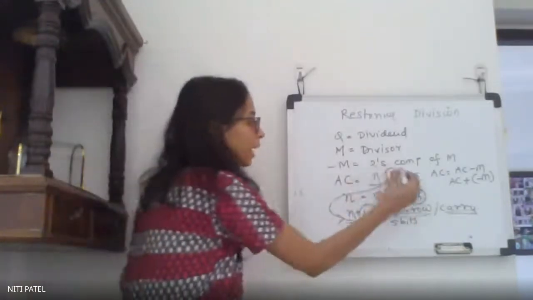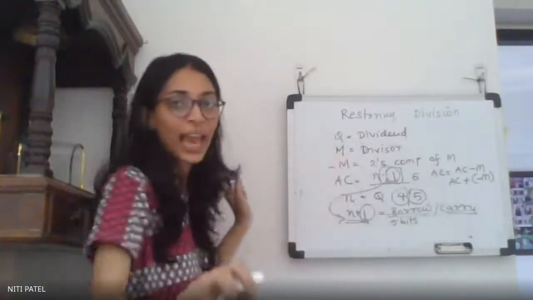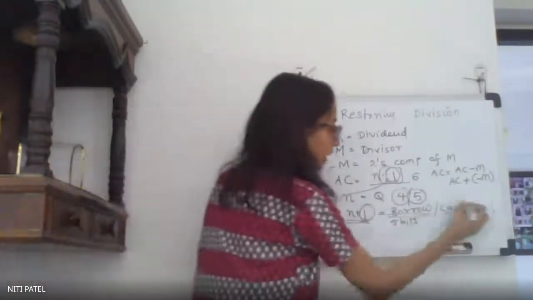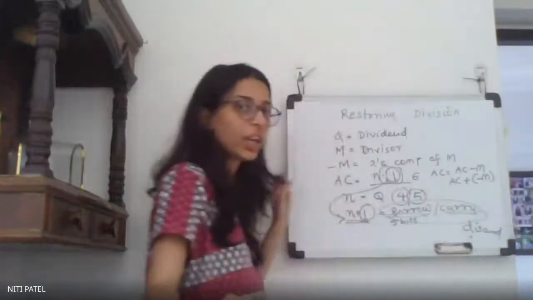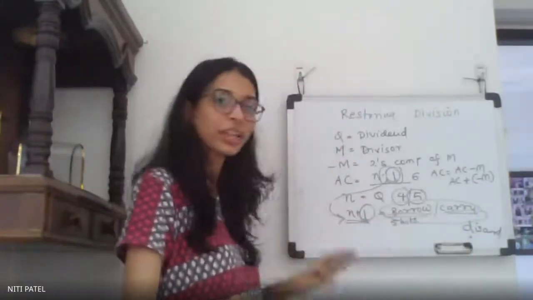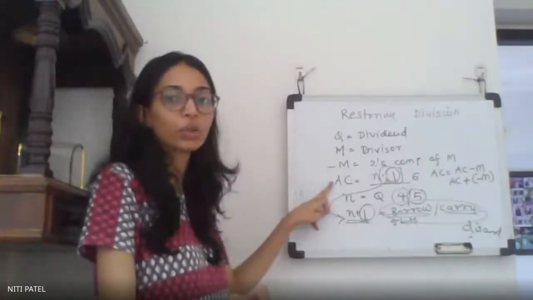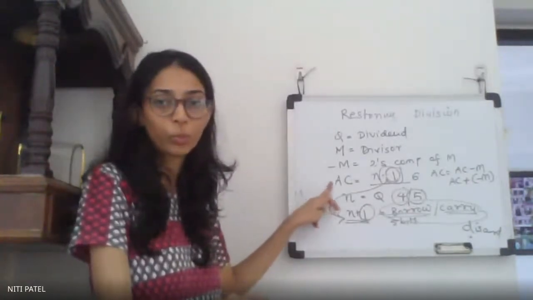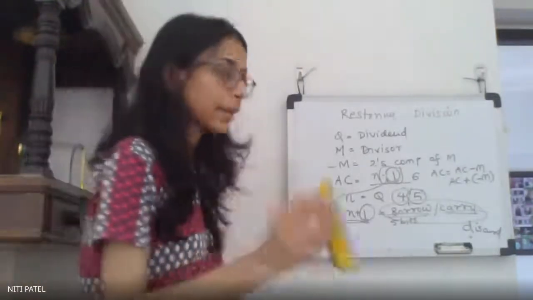Why am I taking this plus 1? In order to handle the borrow and the carry. Though we are going to discard both whenever a carry or a borrow is generated, we still take the accumulator contents to store that value. Okay, is this clear up till here? Yes or no?